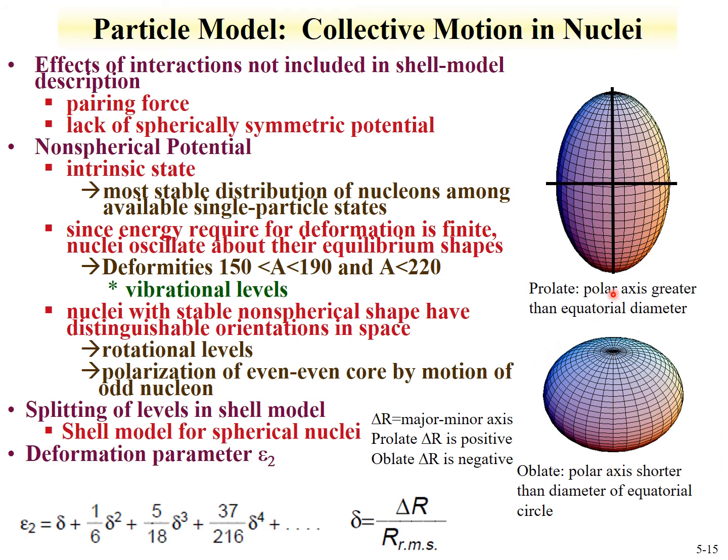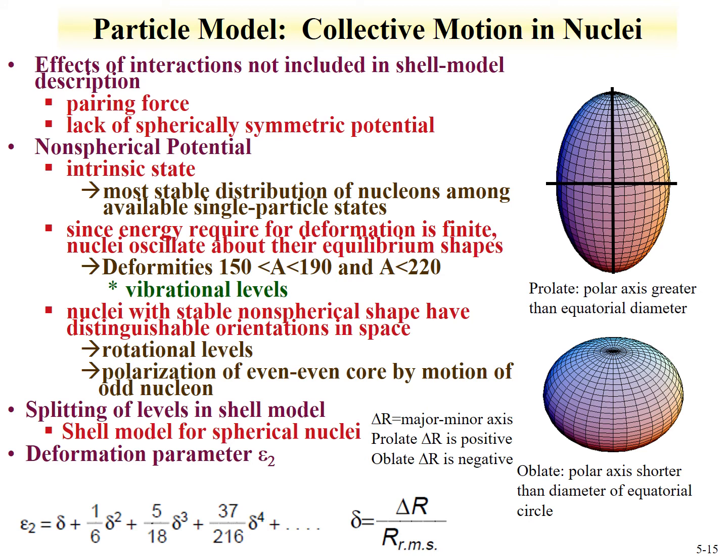For the prolate, the polar axis is greater than the equatorial diameter, and the oblate is opposite. Looking at the axes defined here, for the oblate, x would be larger than z, whereas it's opposite for the prolate.